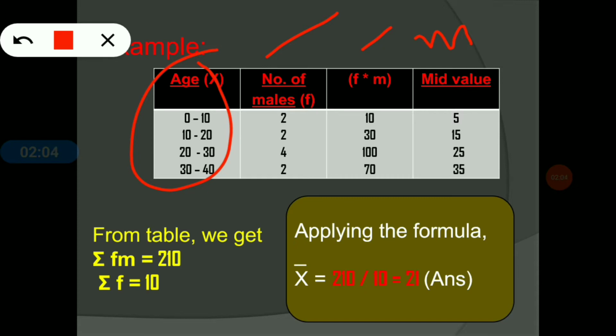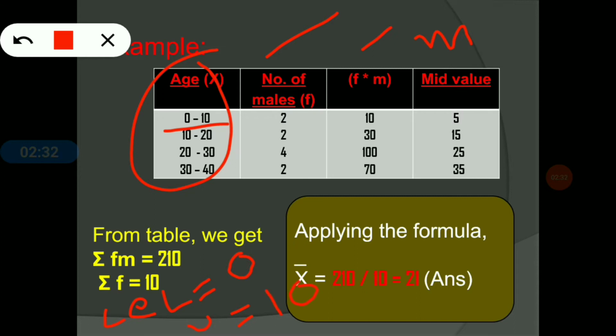How do we calculate the mid value? For the first class, the lower class limit plus upper class limit, divided by 2, is the formula of the mid value. The lower class limit for the first variable is 0, and the upper class limit is 10.